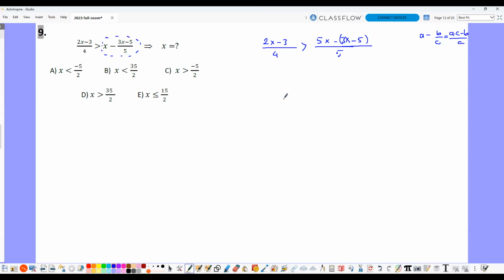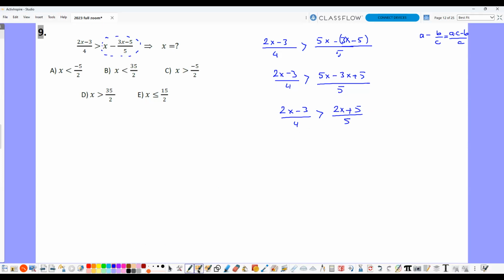That's the shorter way to do these fractional operations, which means that 2x minus 3 over 4 is bigger than 5x minus 3x plus 5. When you give the minus sign, minus 5, it should be plus 5 over 5. Then 2x minus 3 over 4 is bigger than, here, 5x minus 3x, it's equal to 2x plus 5 over 5.